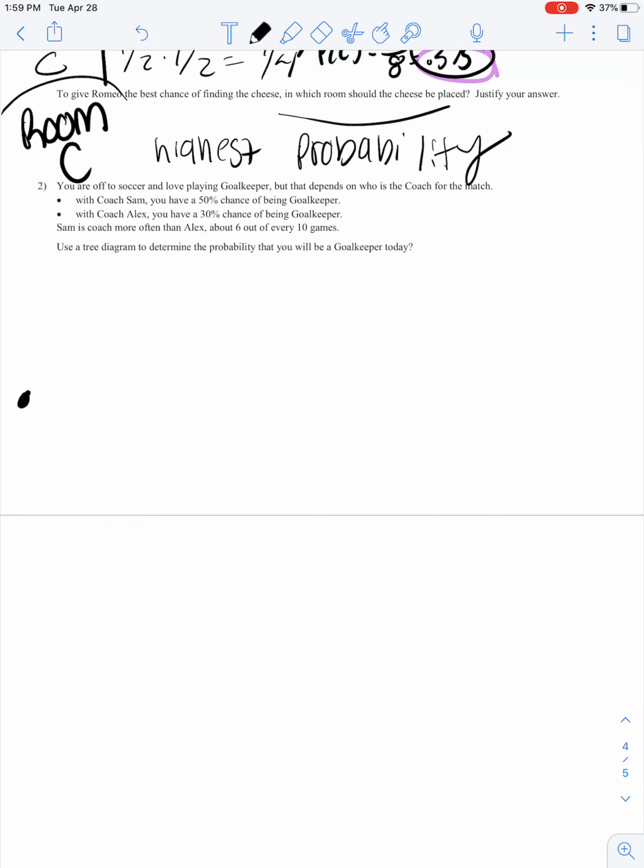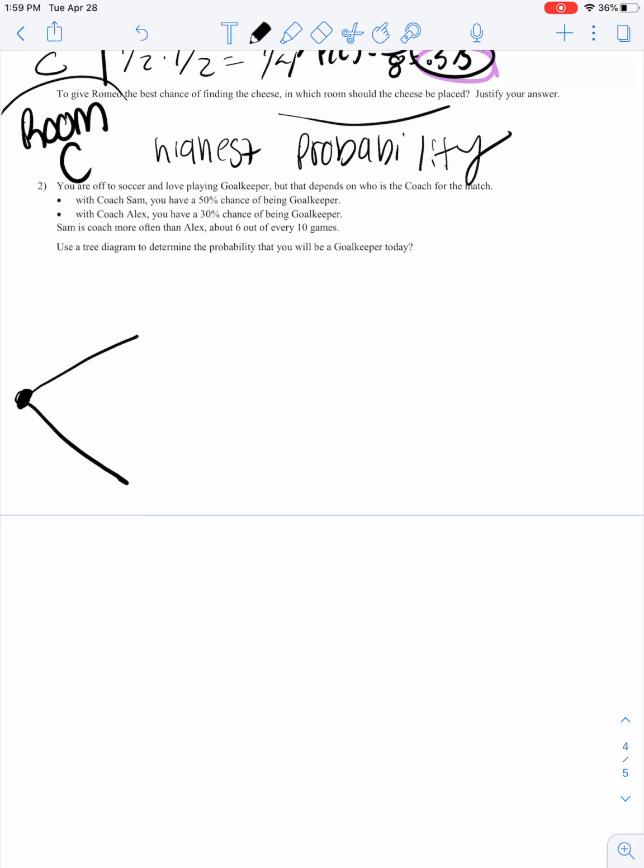Okay, so let's draw a tree diagram. So it says about 6 out of every 10 games, Sam is the coach more than Alex.